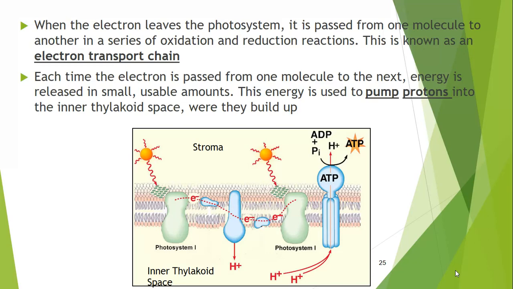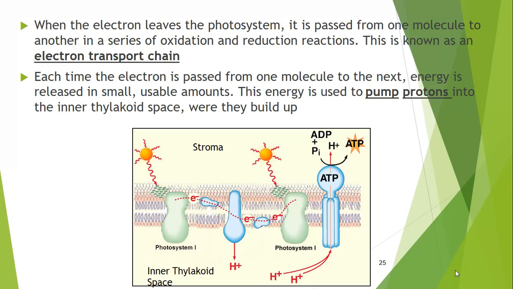Whenever you pump something from one place to another, it's going against a gradient of some sort, against a pressure gradient, against a concentration gradient. Okay, it's being moved against its will, and that requires energy. Where does the energy come from to move the protons from the stroma to the inner thylakoid space? From the electron. You got it.